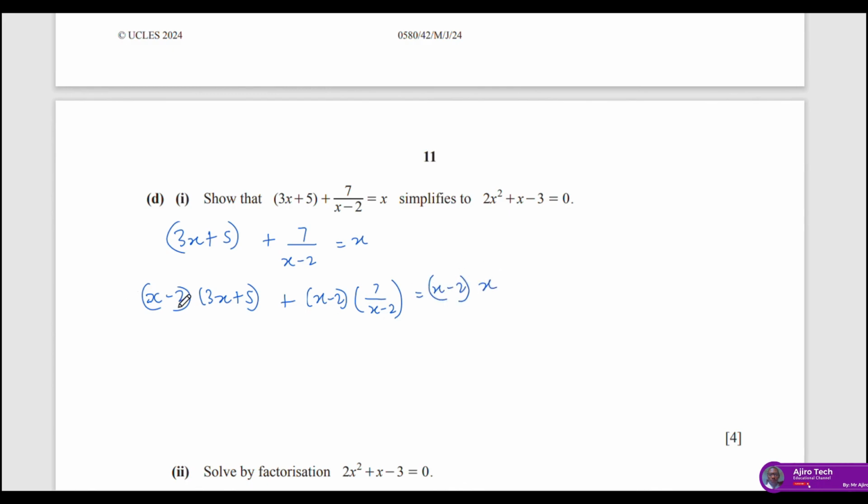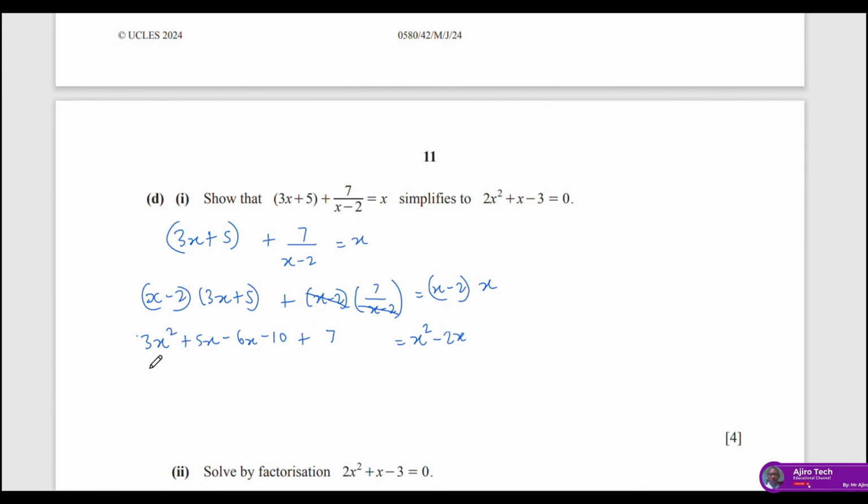Expand this, we're going to get x times 3x squared, x times 5 plus 5x minus 6x minus 10, plus this cancels this, I have 7 equal to x squared minus 2x. Let me simplify this first.